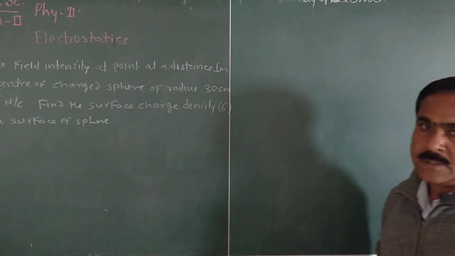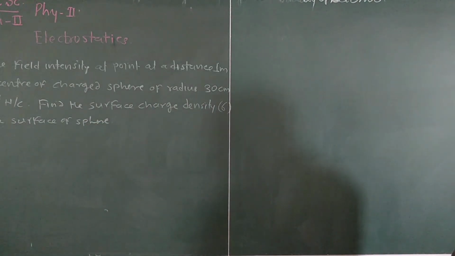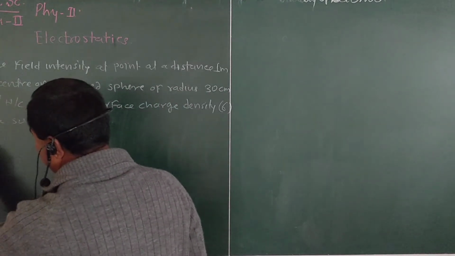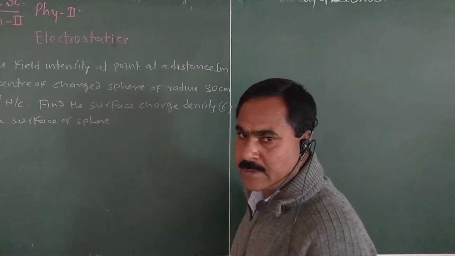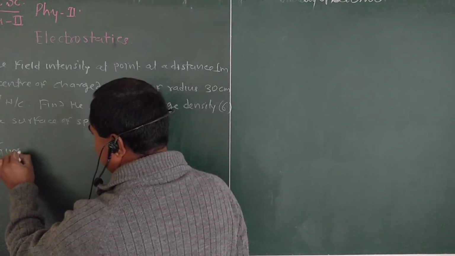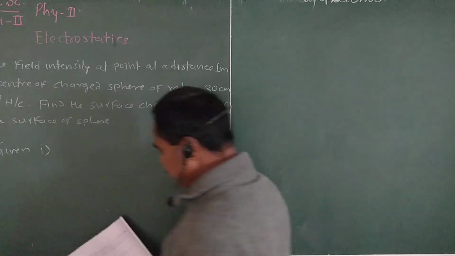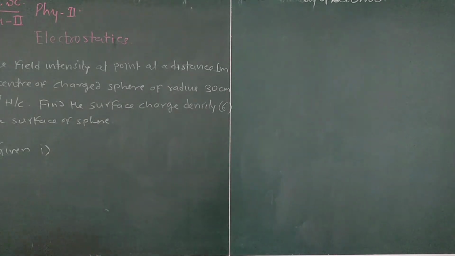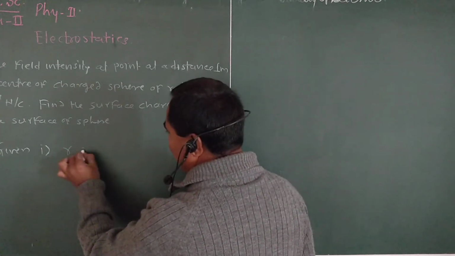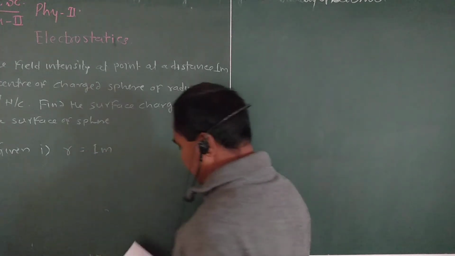Okay, so first you write the given values. Write the solution, and in that solution write the given values. Given, first we take r equal to 1 meter.